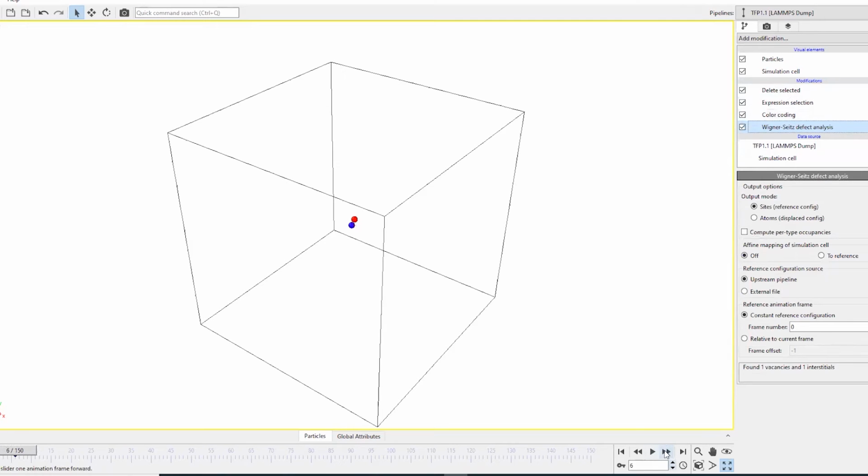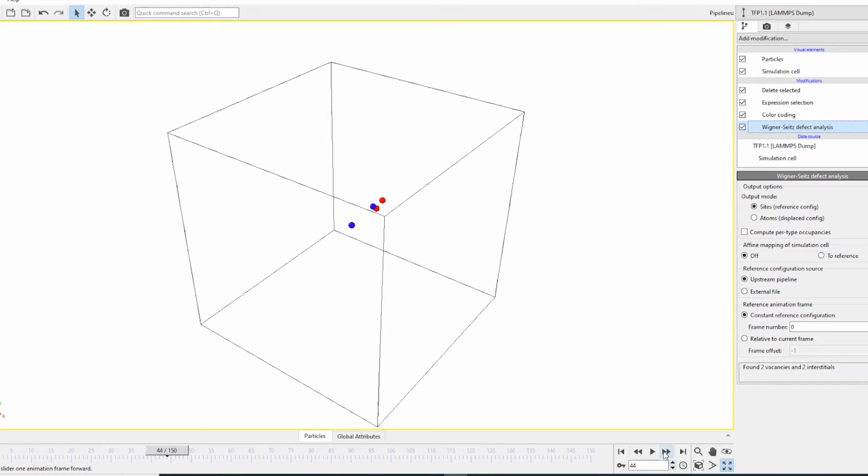As time goes, you can see this red atom moving with time, because it has the energy. See now, you have two interstitials and two vacancies.